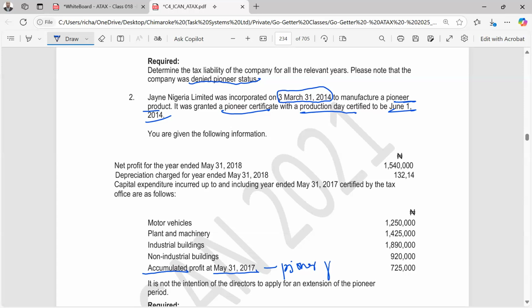Pioneer profits from June 1, 2014 to 31st May 2017. So this is the profit that was accumulated. They didn't give us year by year. So all I will just do now is I will take it as accumulated profit.